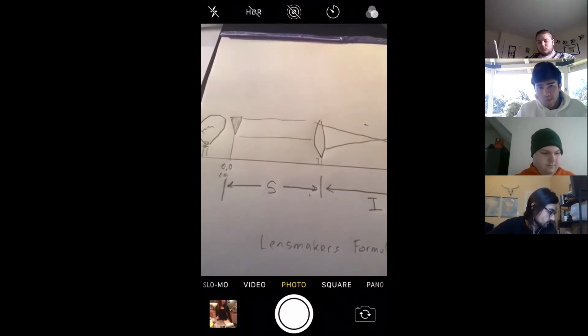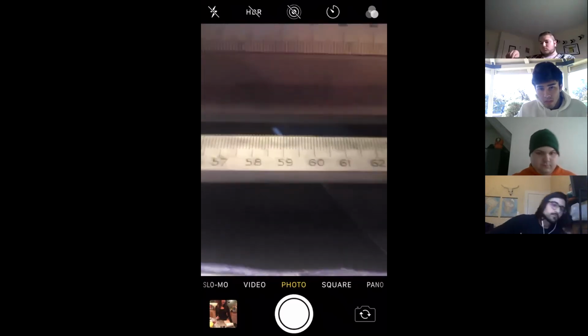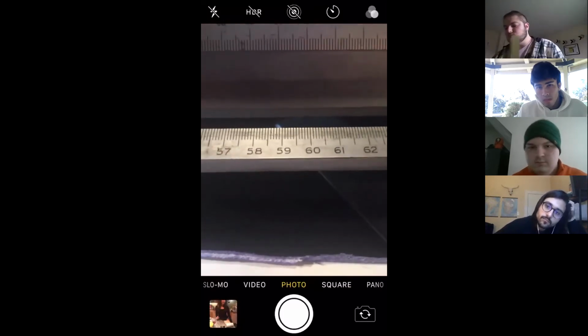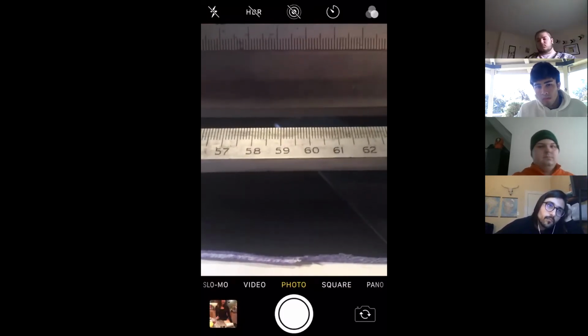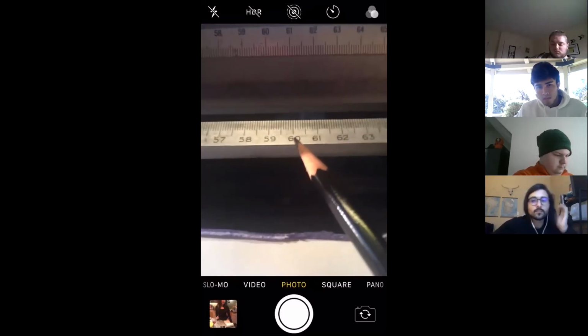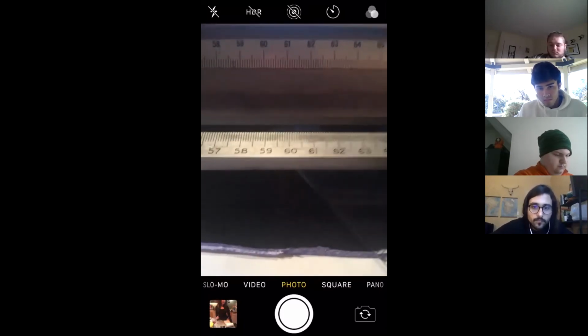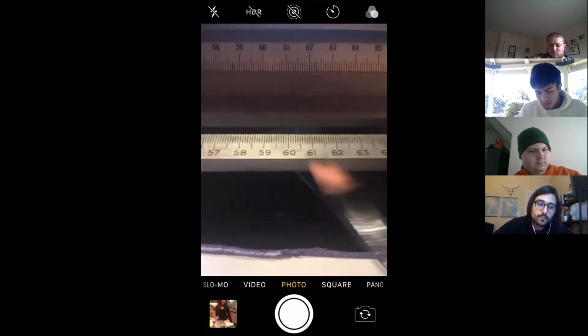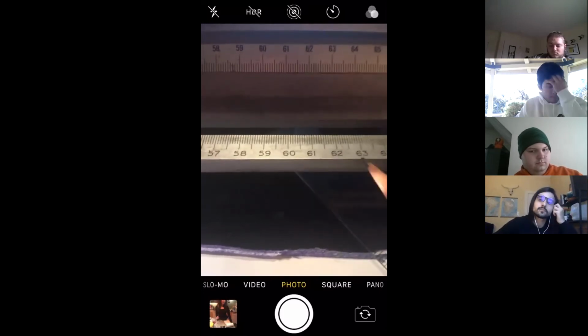A coordinate is a certain point. So 60 is a coordinate, right? But an interval is like from 60 to 62, the interval is 2 centimeters, right? So an interval is between two numbers, whereas coordinates are the numbers themselves, right?